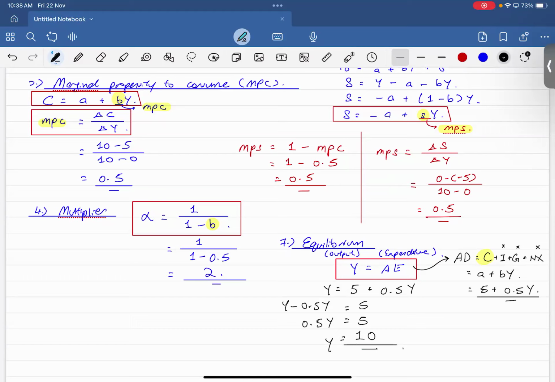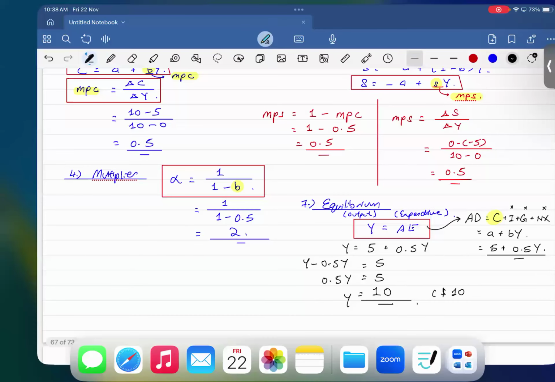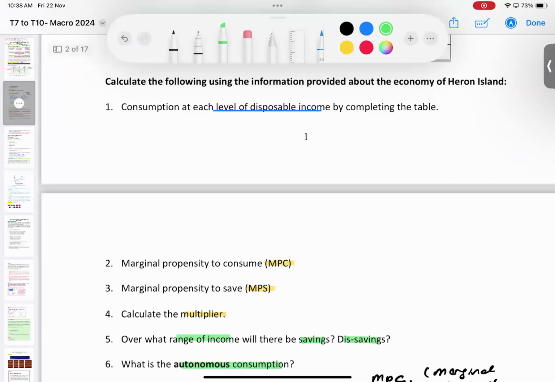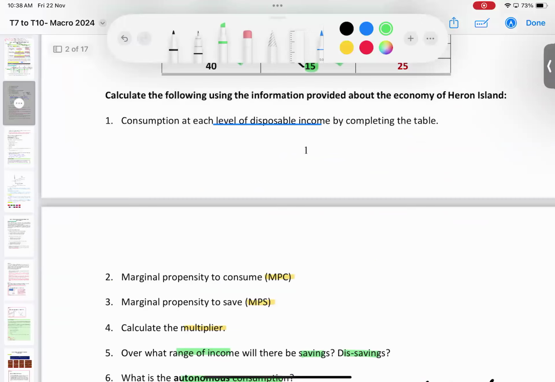That's the equilibrium real GDP. Or you can write it as 10 billion. This is in billion, right? If I'm not mistaken, this is in million. Okay, so these are the formulas you need to know for your first question.